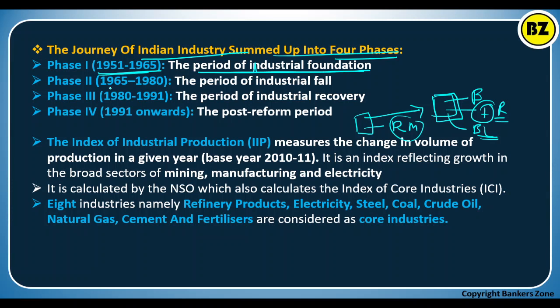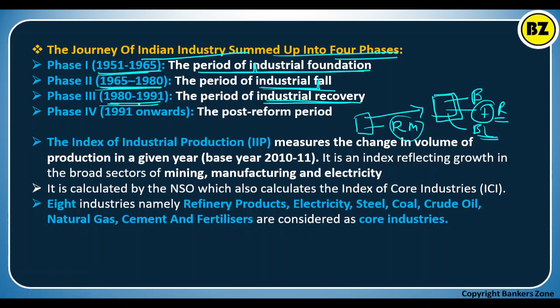Then after the Indo-Pak War, 1965 to 80, that period was the industrial fall, right? Why? Because after the war with Pakistan in 65, we had very little resources and were in a very stressed condition economically. However, we survived till 1980. Then 1980 to 91, that period was again good for the industry sector, and it is called the industrial recovery. Why?